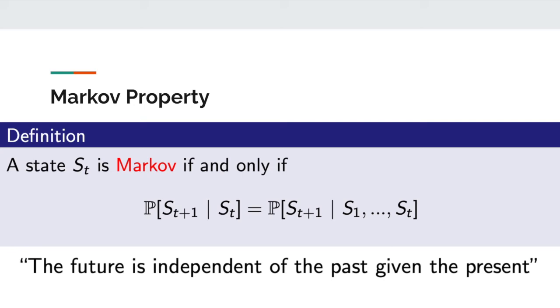And so translating that, this is just the formal expression of that, but basically this says that the probability of the next state given the current state is equal to the probability of the next state given all the states, starting from S1, which was our first state, all the way to the last state. So what this means, translated succinctly, is the future is independent of the past given the present, right?